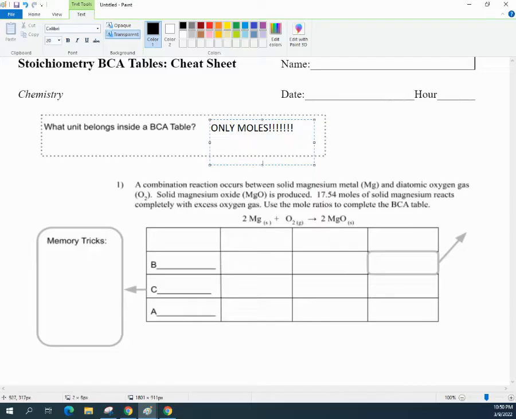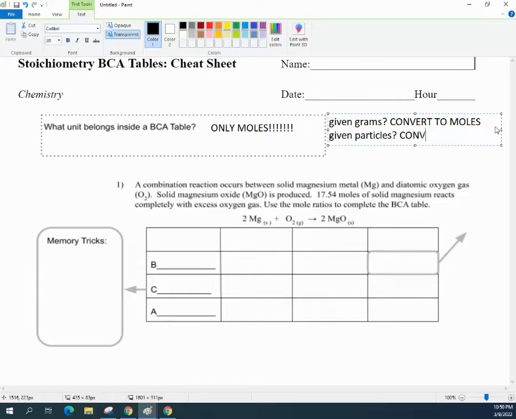So please make sure that whenever you are converting, for instance, if you are given grams, then you need to convert to moles. If you are given particles, you need to convert to moles.